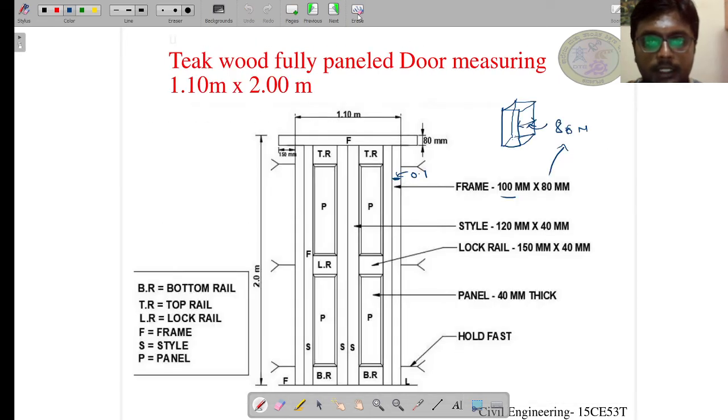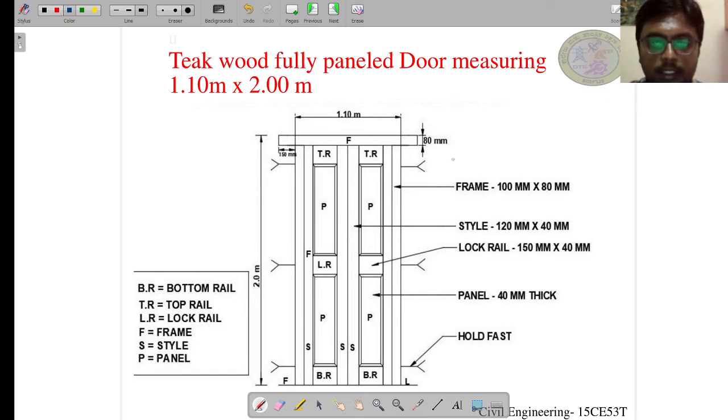Basically the head and the vertical post are usually kept the same. The dimensions are kept the same. This is 180 mm, and if you want to see the breadth of the head, it will just look like this.